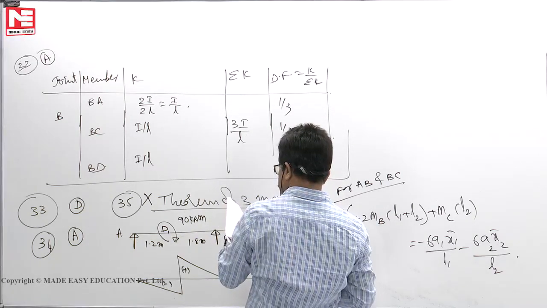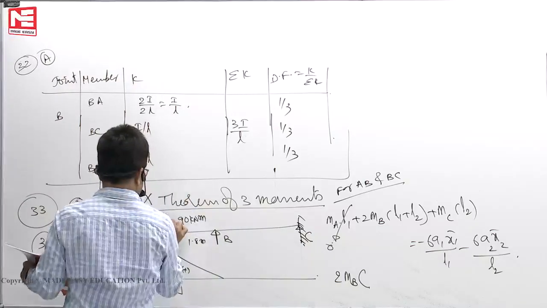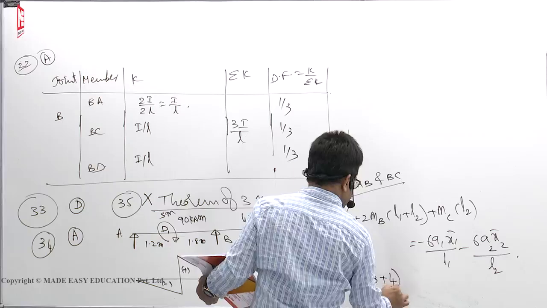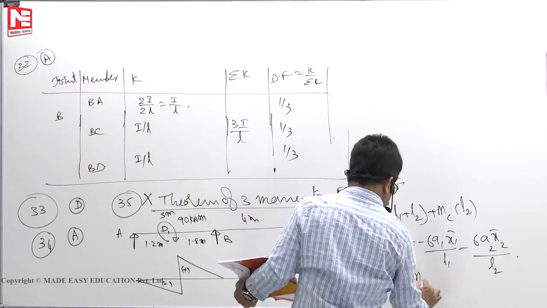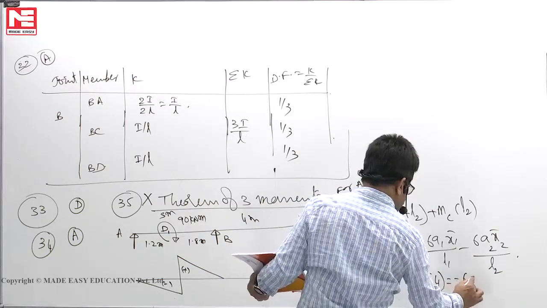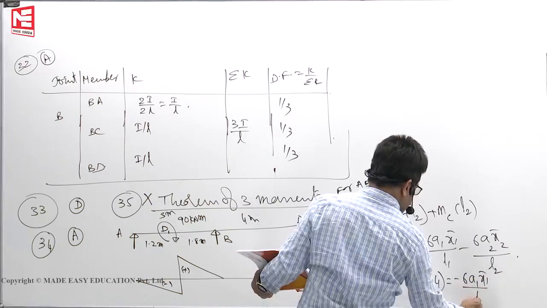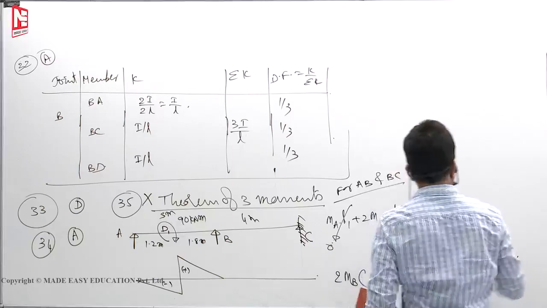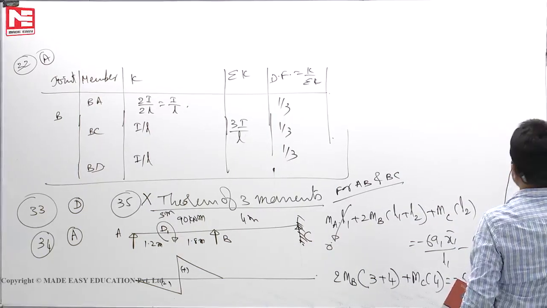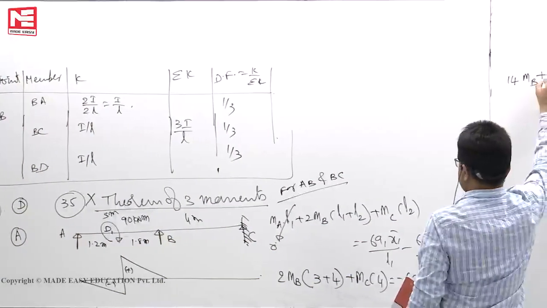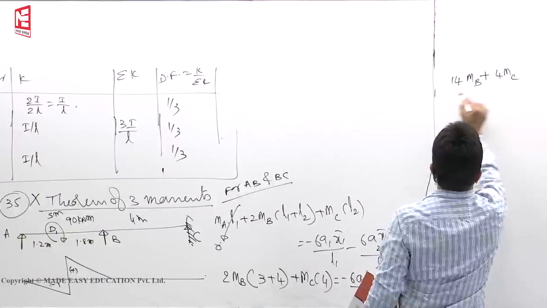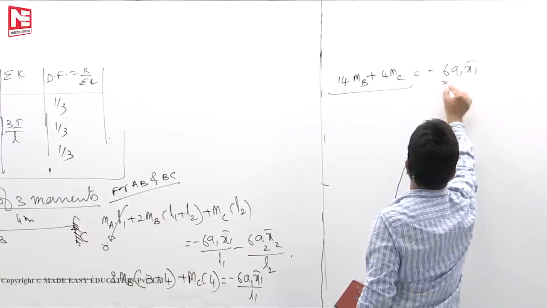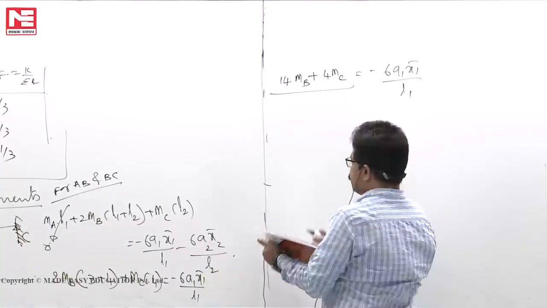L1 is 3 meters, this is 4 meters. 3 plus 4 into 2MB plus 4MC is equal to minus 6A1 x1 bar by L1. Now let us see if we can manage. 4 plus 3, 7 into 2, 14 MB plus 4 MC is equal to minus 6A1 x1 bar by L1. Let us see where any option matches.